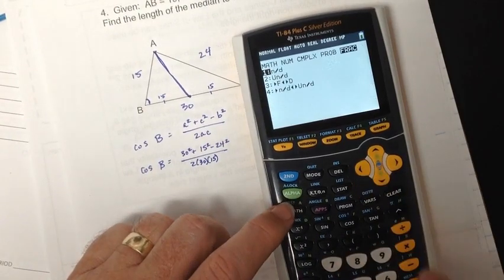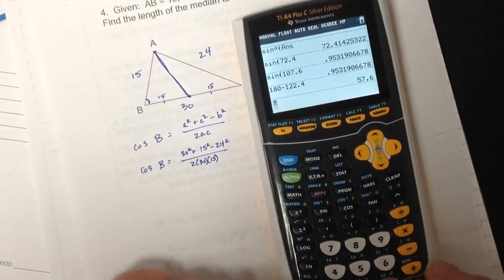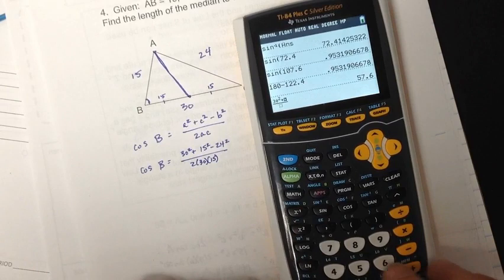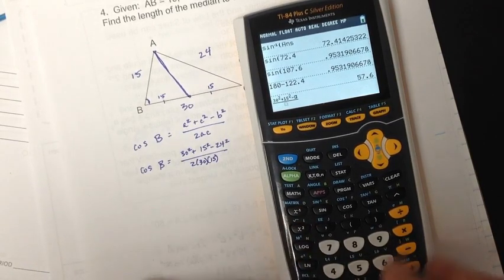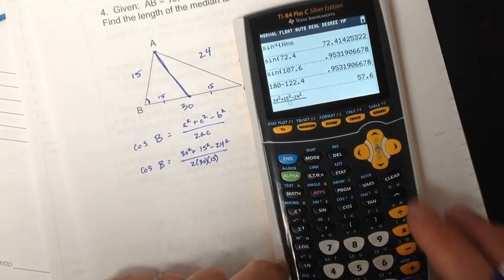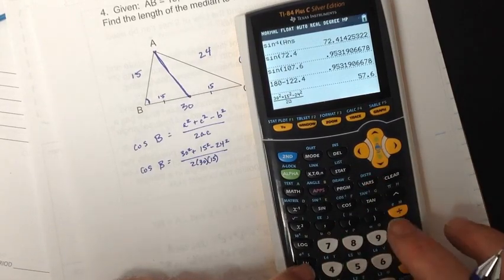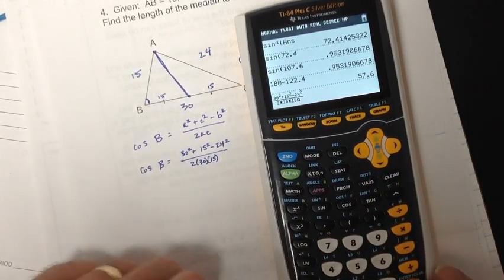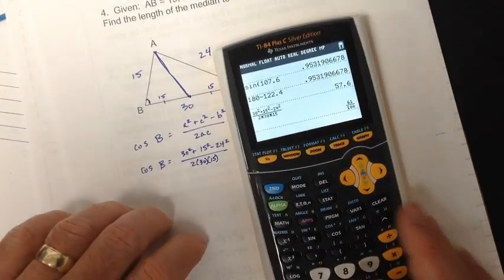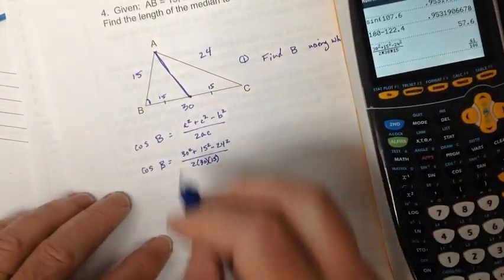So, math, I'm going to make a fraction here. 30 squared plus 15 squared minus 24 squared. On the bottom, I have 2 times 30 times 15. And I've got 61 over 100.